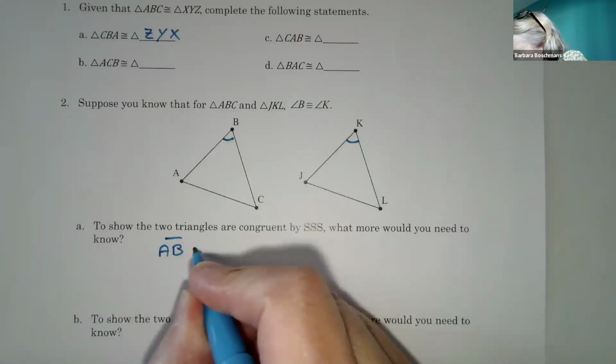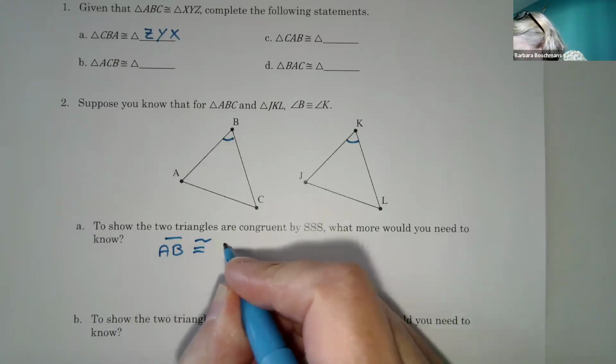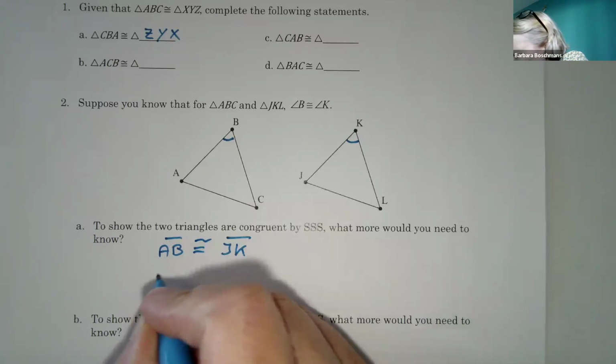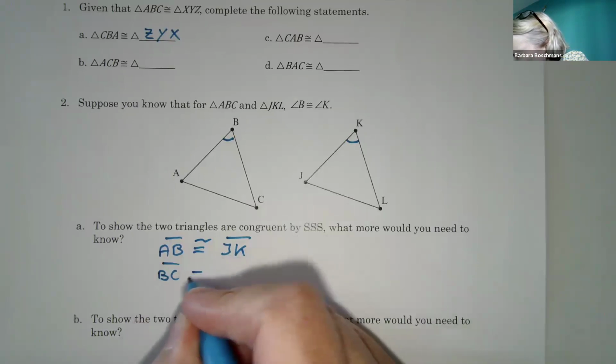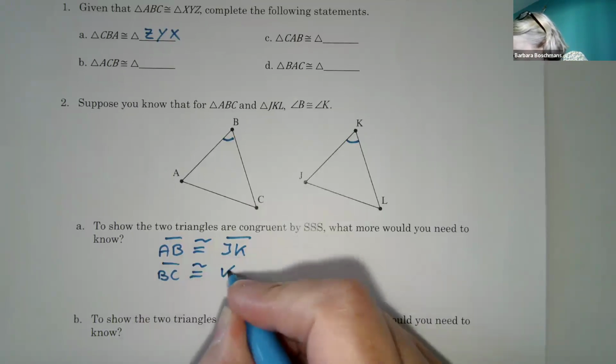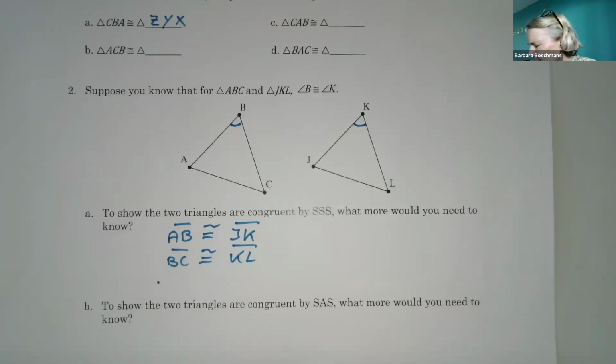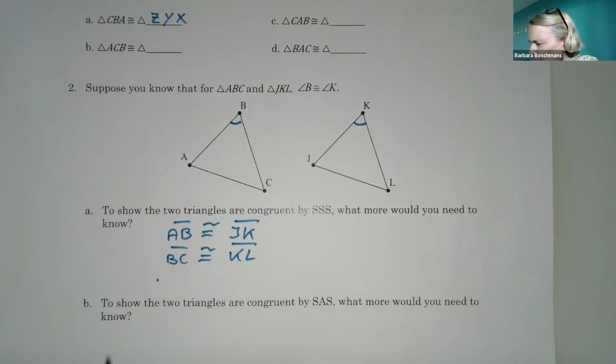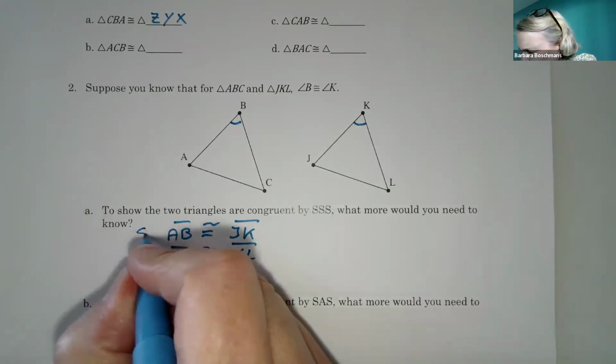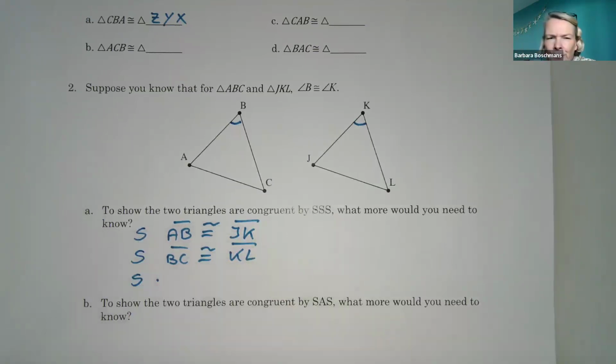So you need AB congruent to JK. You would need BC congruent to KL. And then there's one more for you to complete to find a third side congruency.